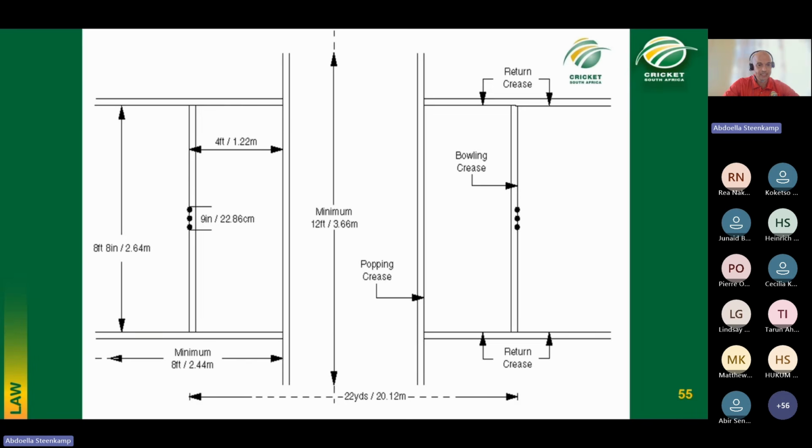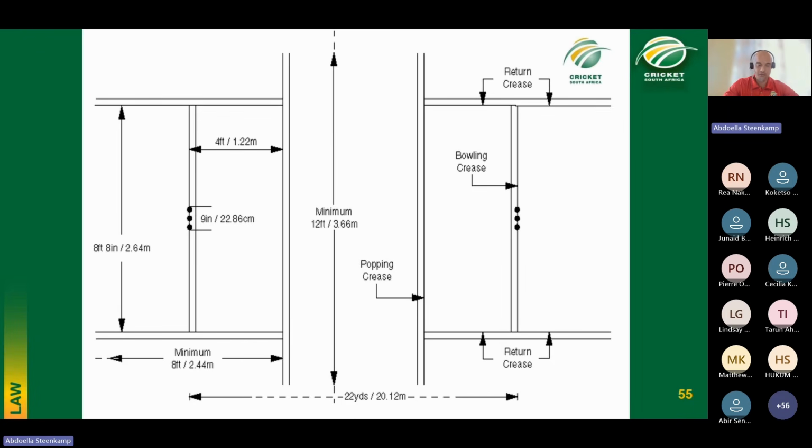And for the bowling crease, there is an exact measurement, and that is measured from this inside line of the one return crease, where the arrow starts on this side, right up until the inside edge of the return crease on the other side. And that exact length is 2.64 meters.